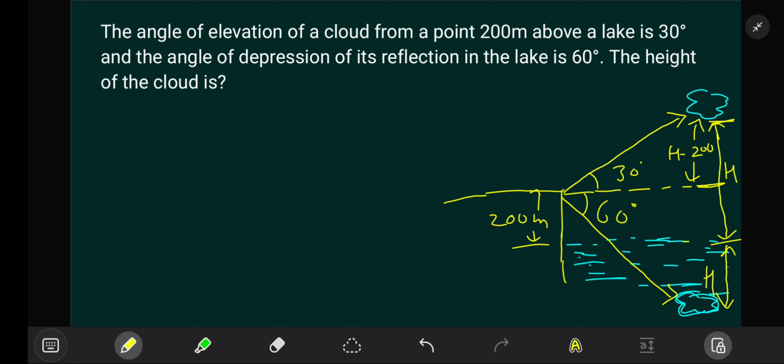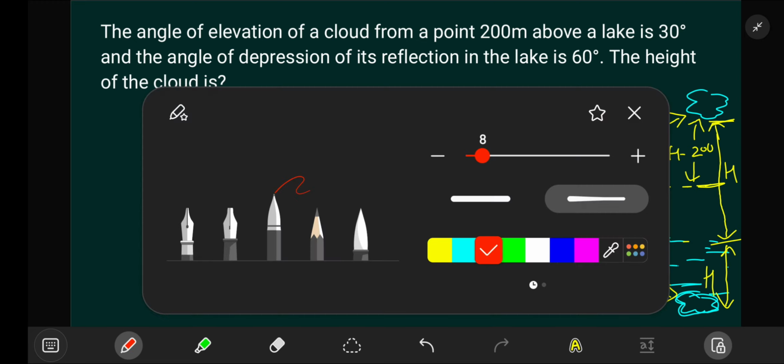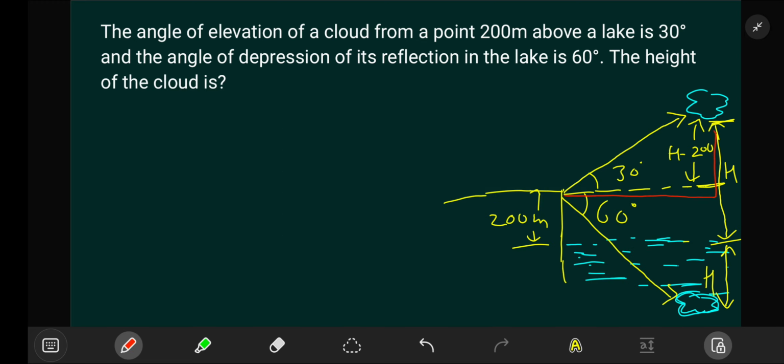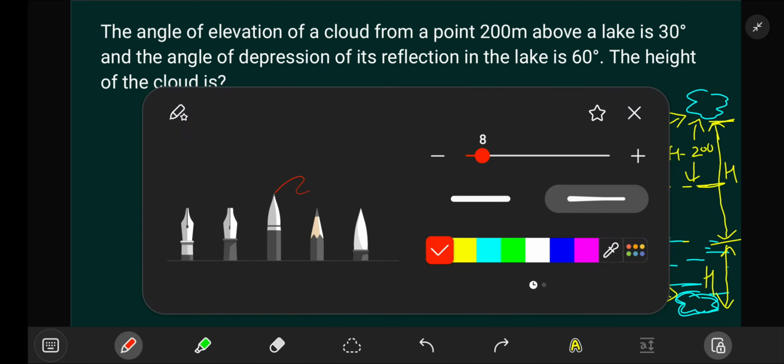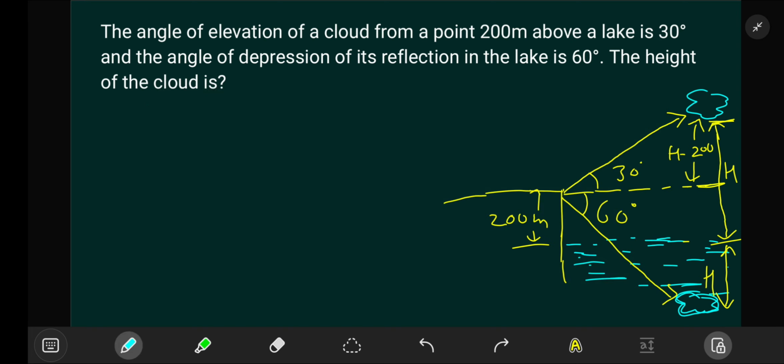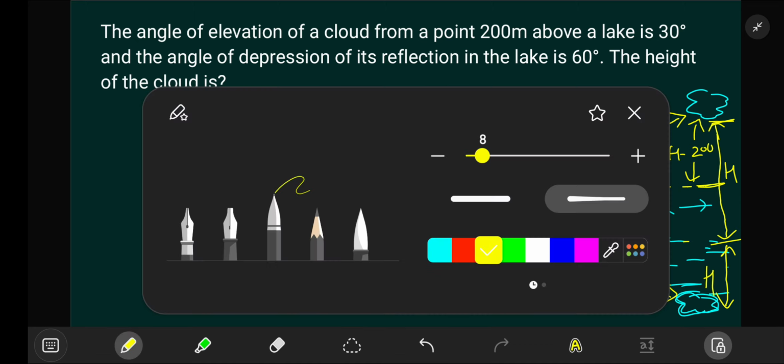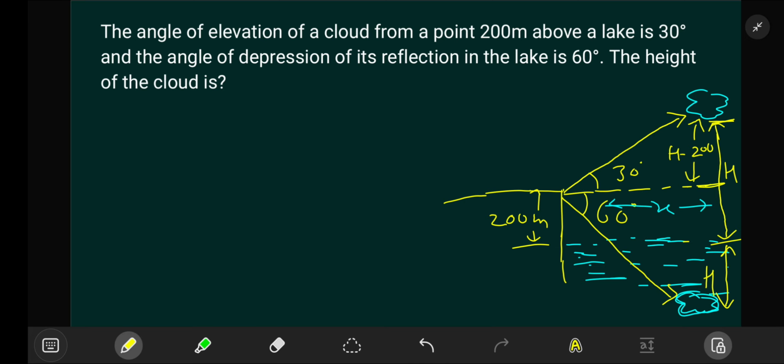Now apply this for both triangles. For both triangles, the common base is this one only. So let's assume it as x distance. Now apply tan 30 degrees.